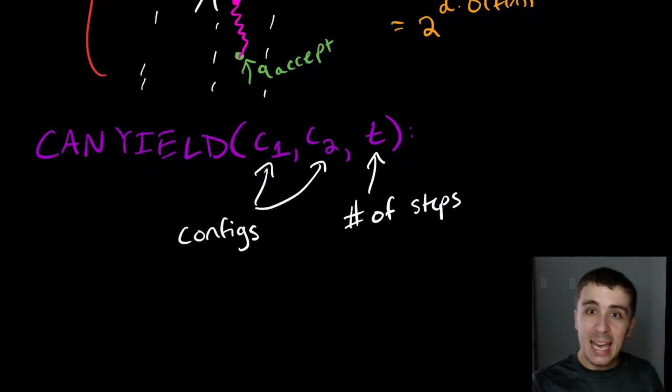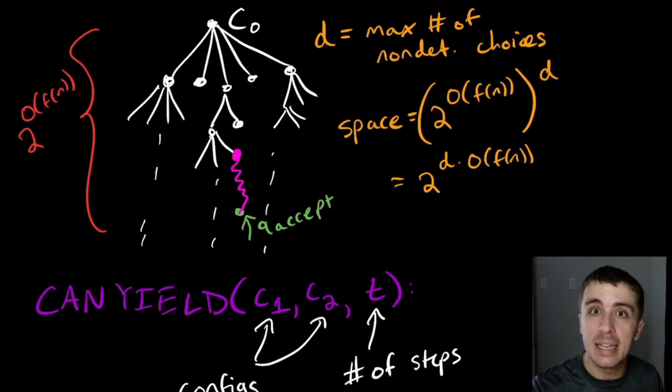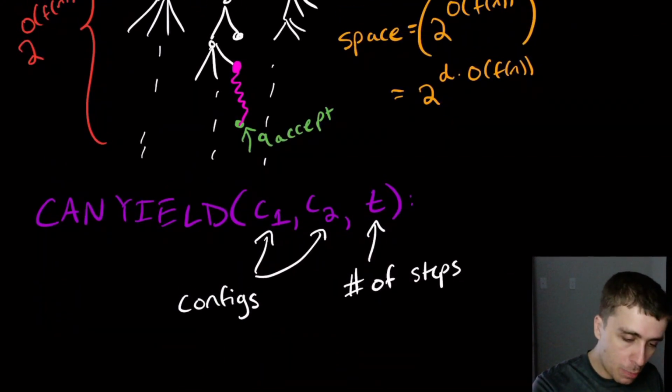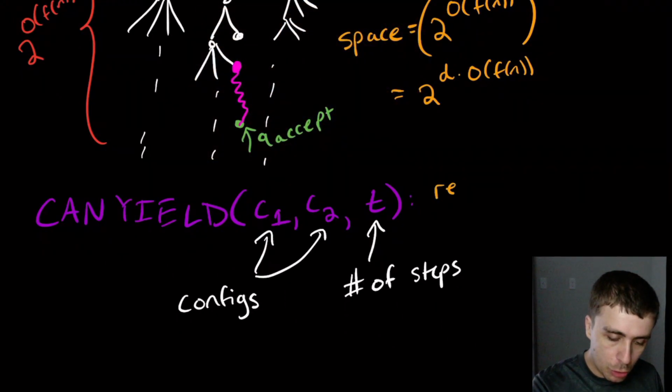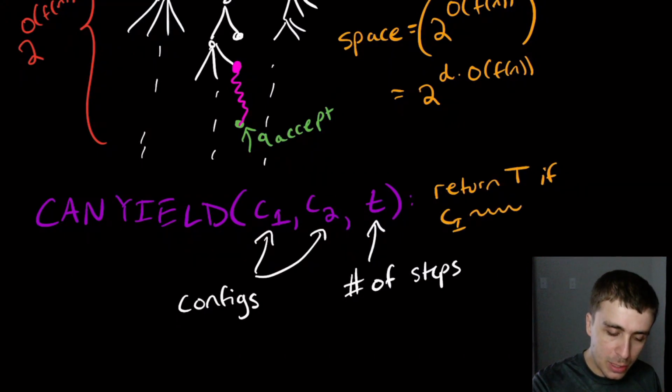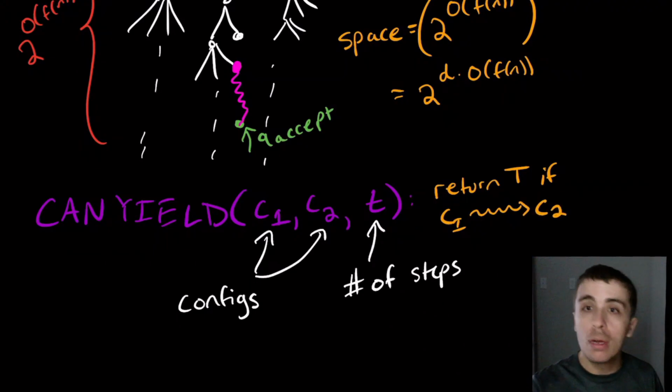So what CanYield is going to do is either return true or false, based on the idea that we had earlier. So what it means is return true if C1 can yield C2 in T transitions.